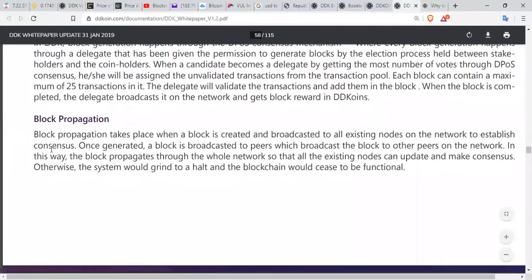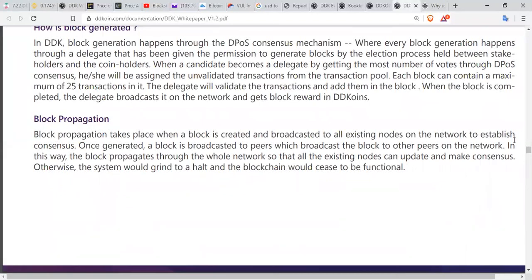So block propagation takes place when a block is created and broadcasted to all existing nodes on the network to establish consensus. Remember, kahit anong link ang gamitin natin, yun pa rin yung makikita nating status ng ating account, because kahit sabay-sabay tayo magbukas nun, yung na-create na blocks are regularly broadcasted and nakikita natin yung mga changes that have been done for any transaction inputted sa ating blockchain.